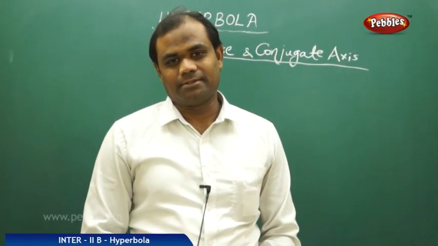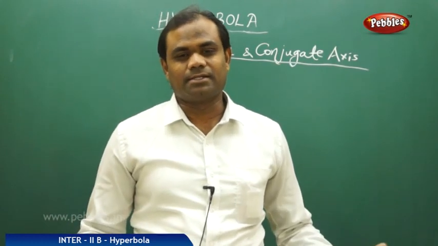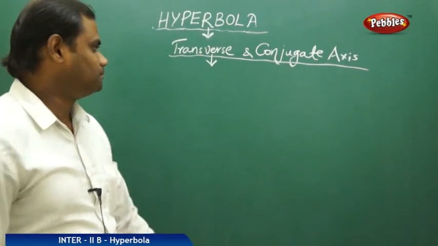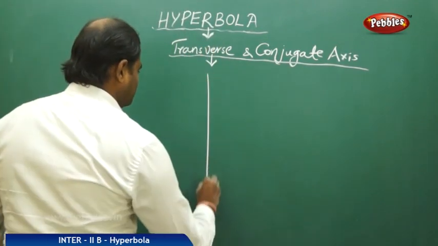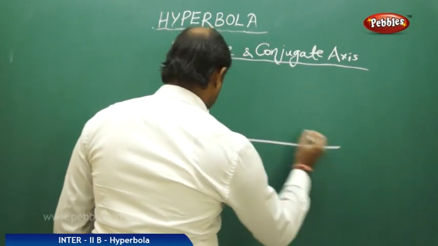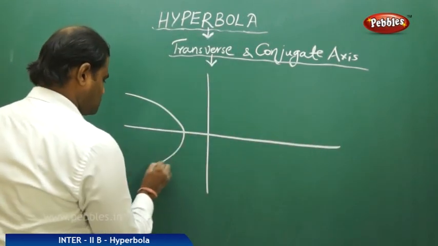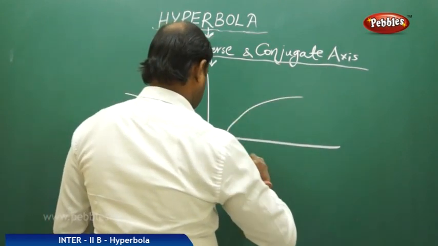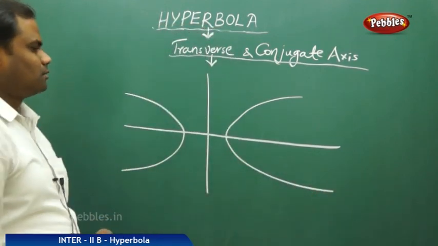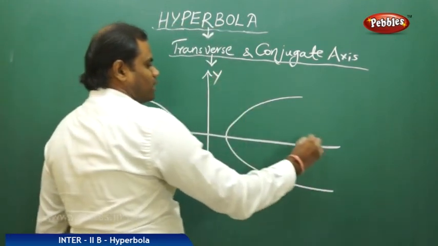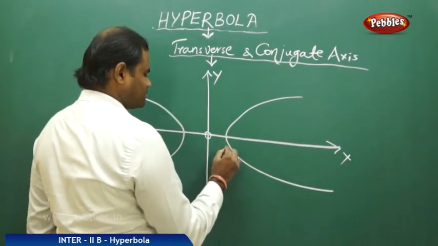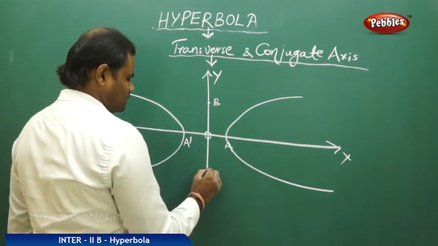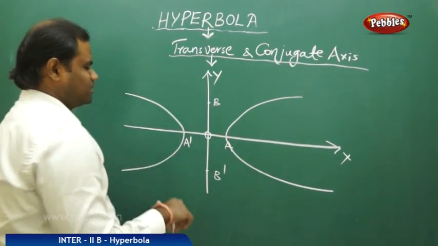Transverse and conjugate axes. What are these two axes for the hyperbola? Let's see through the ellipse in standard form. Say I have the equation of the ellipse in standard form with y-axis and x-axis. This is A and A dash, and B and B dash.